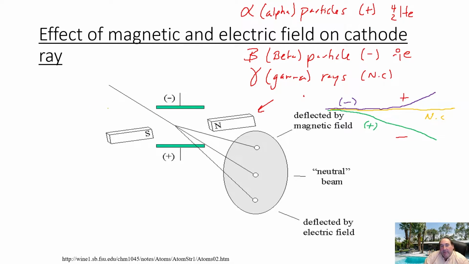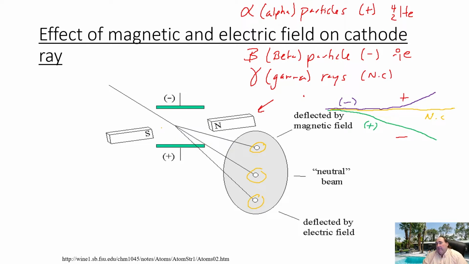And that's what we see in this picture. We can see the beam gets bent upwards towards the negative side. That would be a positive beam. This one gets bent down towards the positive side of the electrical field, so it would be negative, and this neutral beam would just go straight through.